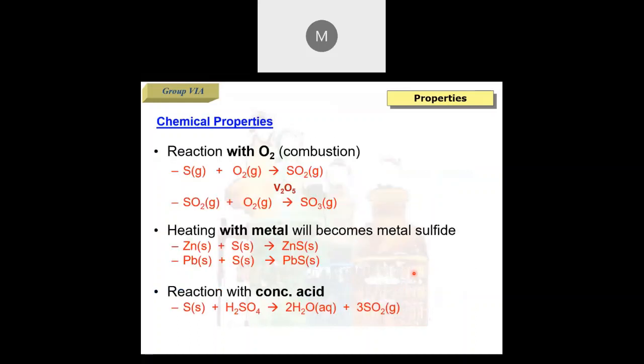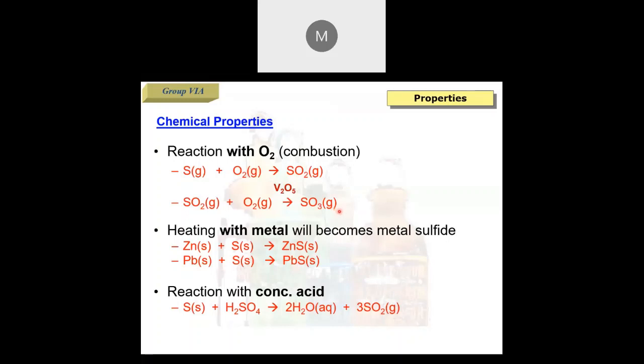Next we'll look at some of the chemical properties. It reacts with oxygen through the combustion process and will form sulfur dioxide gas. And the sulfur dioxide, if we continue with the oxidation, will form sulfur trioxide. In the second process, normally a catalyst is needed because this process proceeds quite slowly.